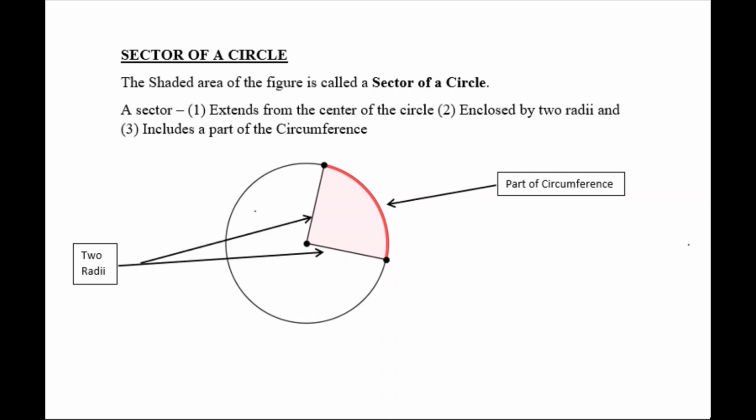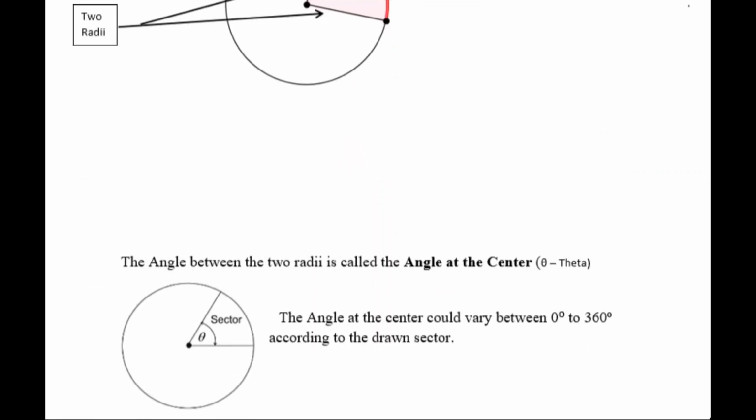So likewise, I have mentioned what a part of a circumference is, which is this part, if you could see, and the two radii are 1 and 2. So this part is considered as a sector of a circle. So this is something very important that you should know, that you cannot call a part of a circle a sector of a circle without these three conditions being fulfilled.